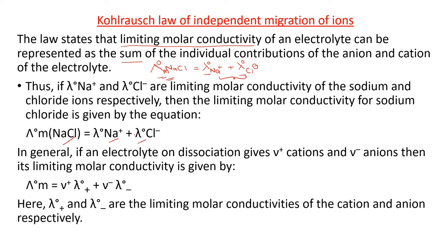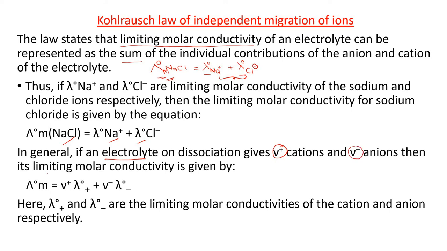Here there is only one cation and one anion, but in several electrolytes there will be many cations and many anions. In that case, v plus is used for representing the number of cations and v minus represents the number of anions.